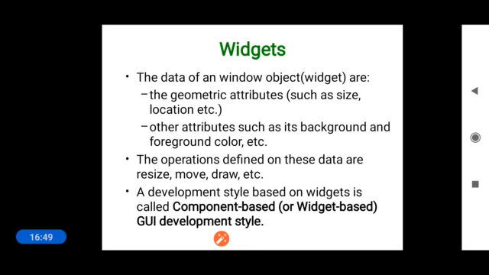And the operations related to these window objects are like resize, move, draw, etc. A development system based on widgets is called a component based or widget based GUI development system. So if we are developing any user interface by making use of these widgets, then that kind of user interface development is called component based GUI development style or widget based GUI development style.